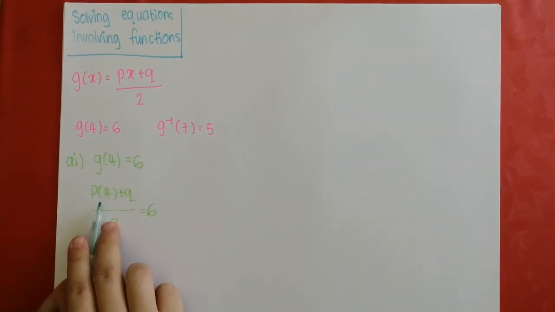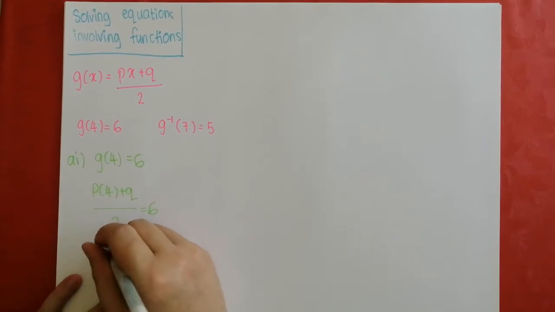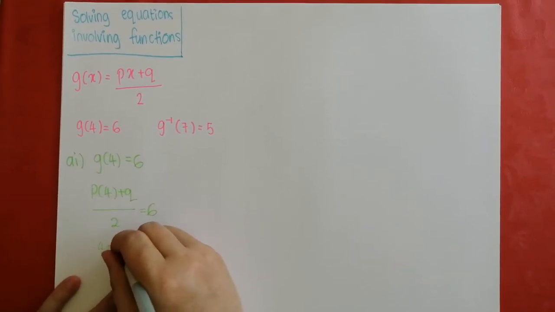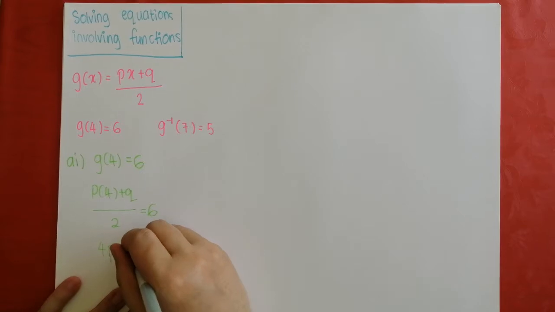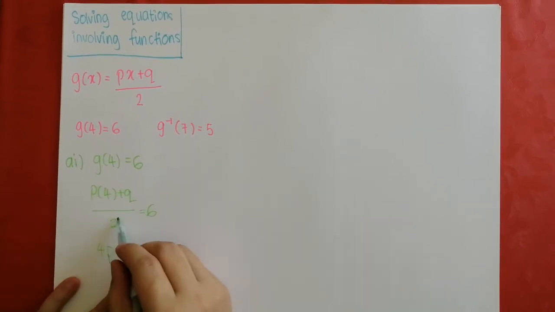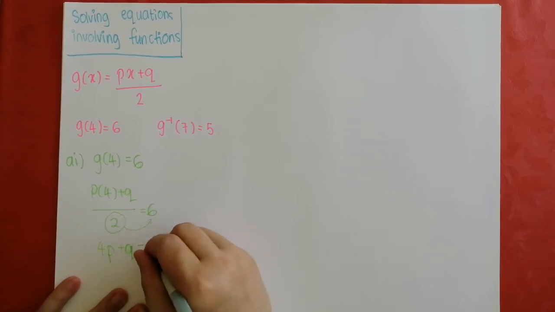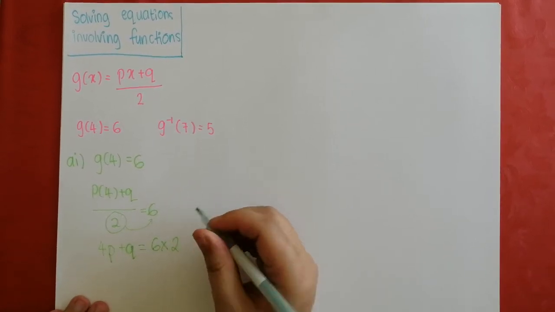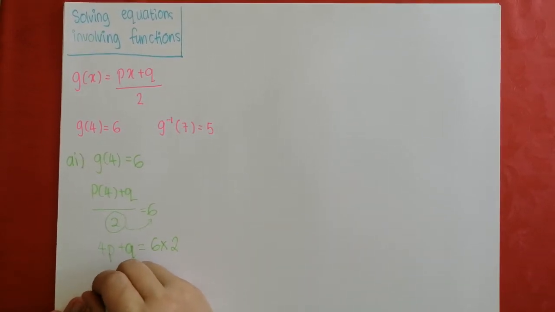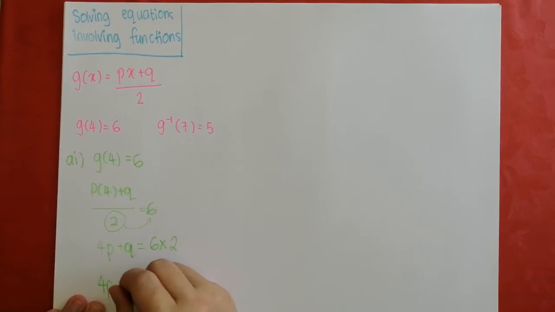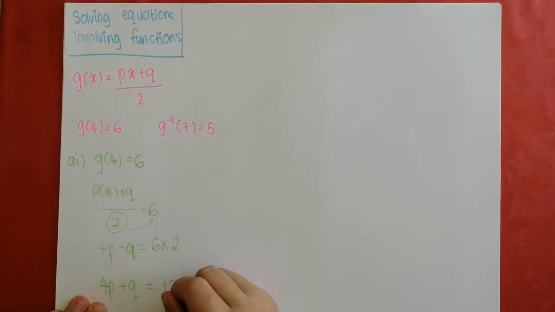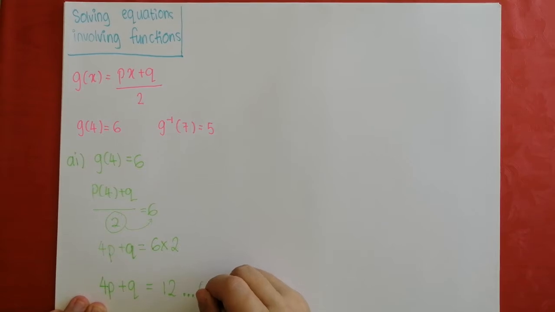I'll simplify this. P times 4 gives you 4p plus q, equals, divide by 2, bring it over, becomes multiply, 6 times 2. So you have 4p plus q equals 12. This will be your equation number 1.